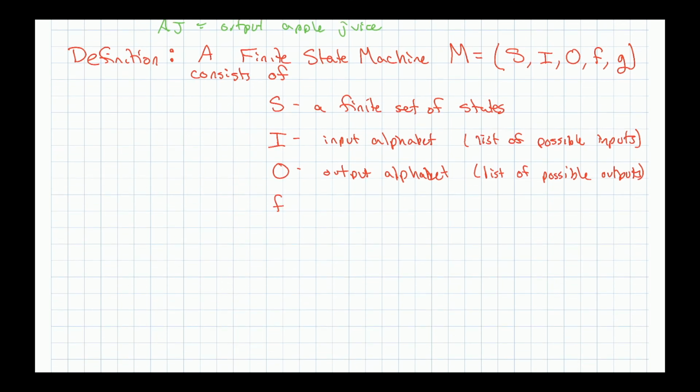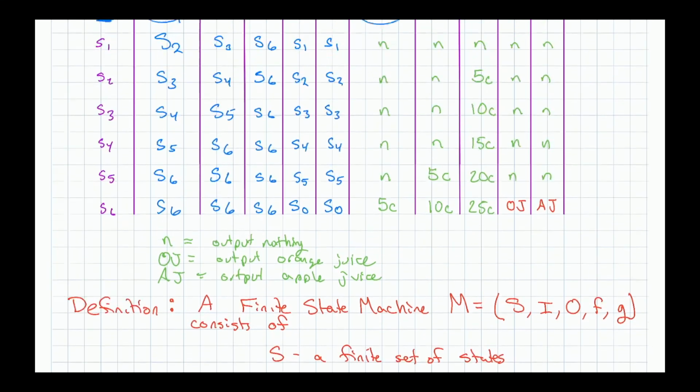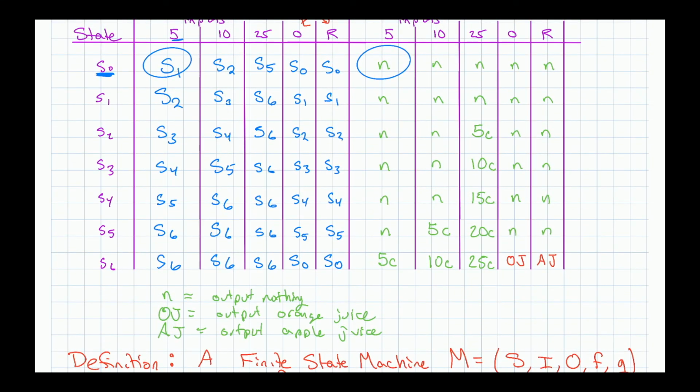If you were looking at that, you probably could say, oh, S for states, got it. What F and G essentially are, these are going to be the tables. So this is F, basically the state transitions, and this is going to be G, the outputs based on the inputs.